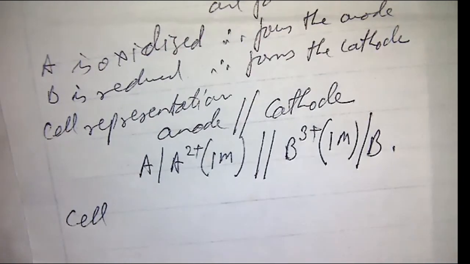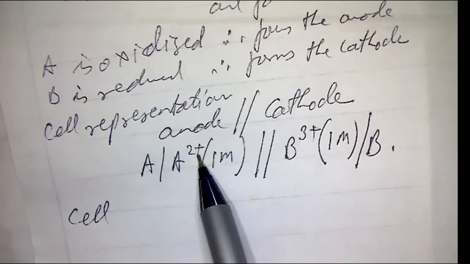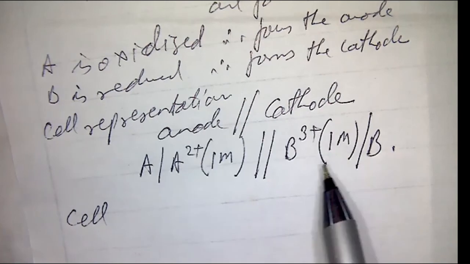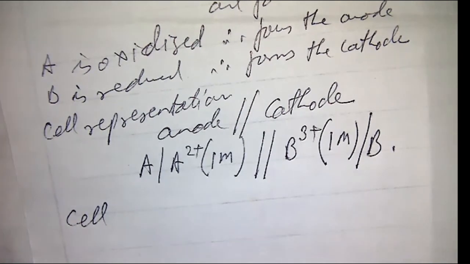Any problem? Sir, A is divalent, so A slash A2 plus, and B is trivalent, so B3 plus. Yes. Understood? Yes, sir.